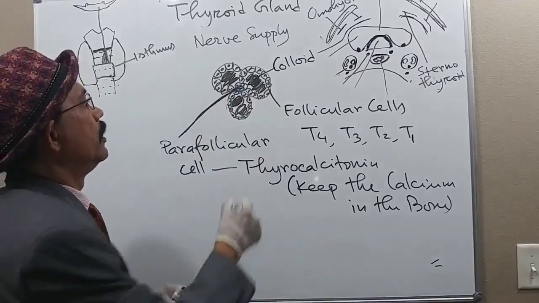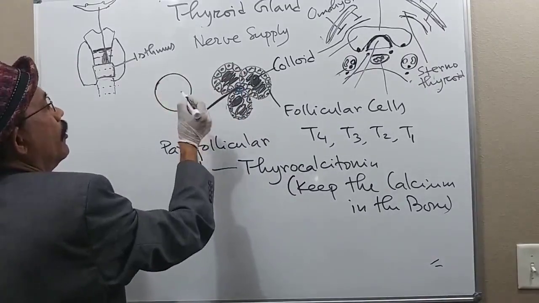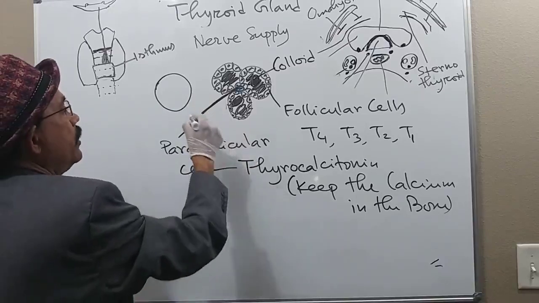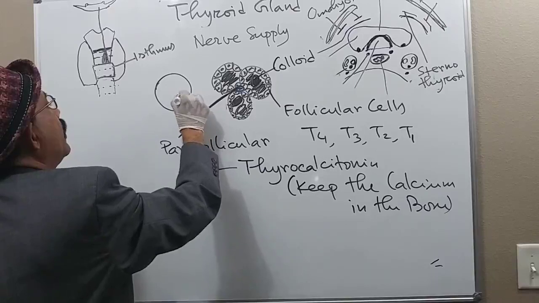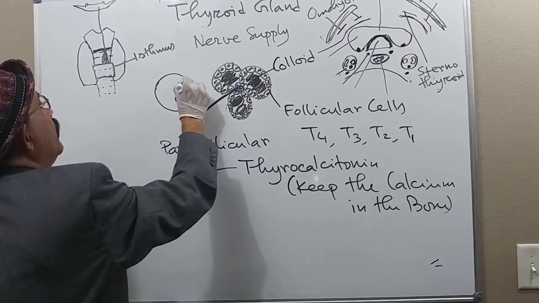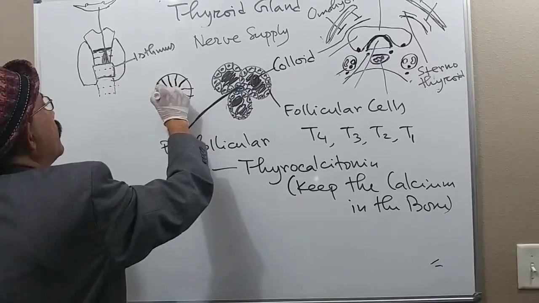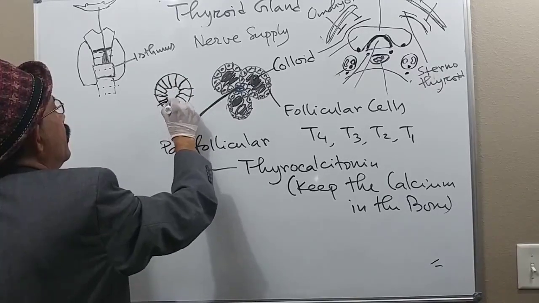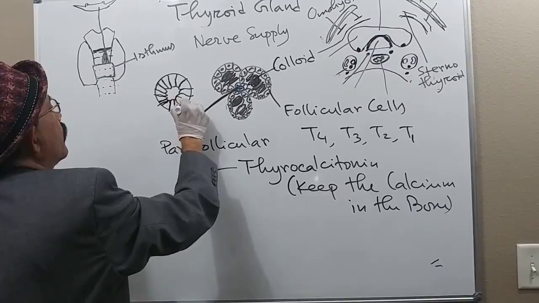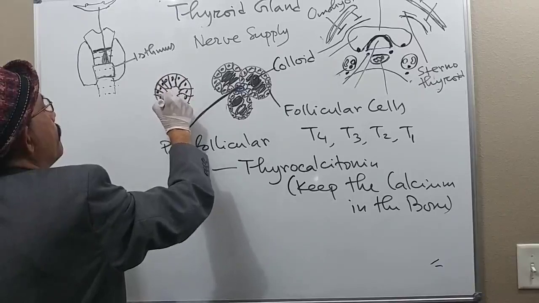This is a colloid. The height of the follicular cell varies depending on the function of the thyroid gland. If it is very active, as in hyperthyroidism, the cells are columnar cells.